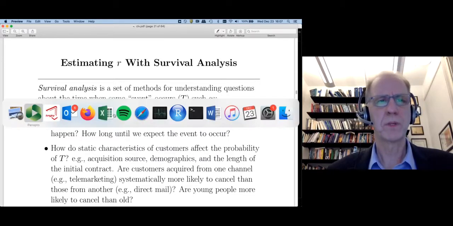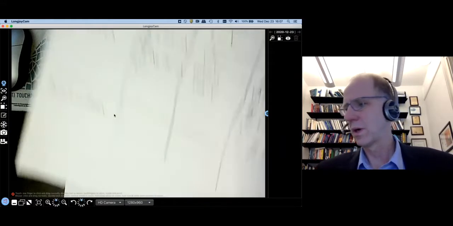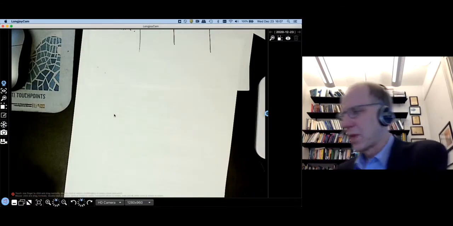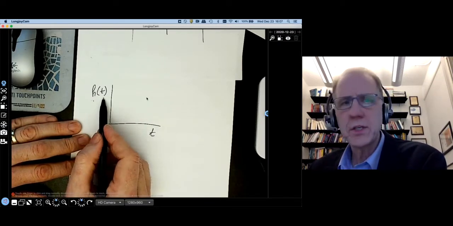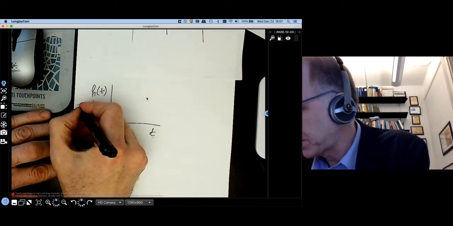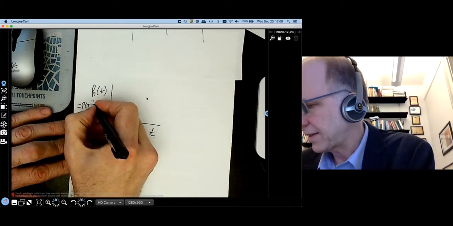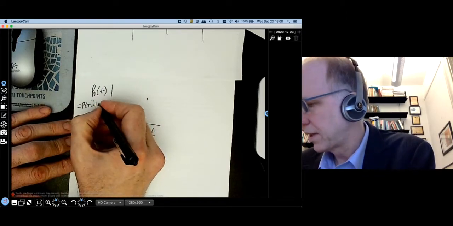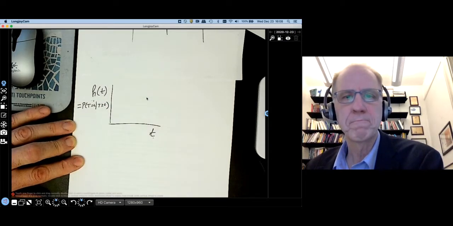Let me give a couple quick illustrations to show what I mean by this. The hazard function plots h of t as a function of t. Remember, the hazard function is the probability that the event occurs at time t, given that big T is greater than or equal to t.